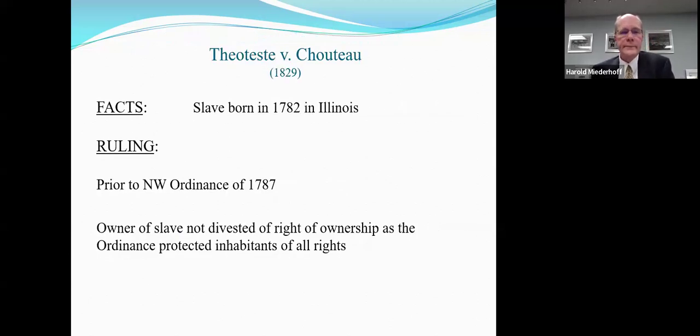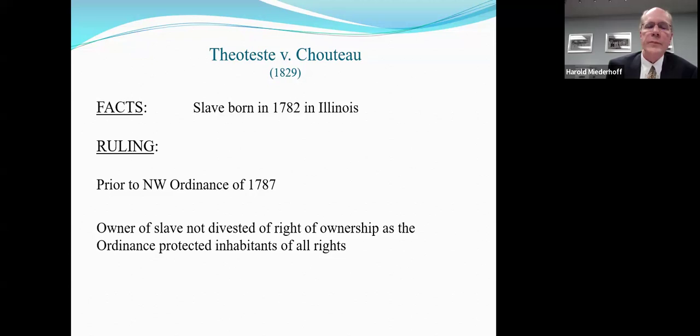Now, another case in 1829 makes a distinction too as to what the Northwest Ordinance of 1787 meant. So Theoteste was born in Illinois in 1782, coming to Missouri as a child, and basically sued saying, well, I was born in a free territory.